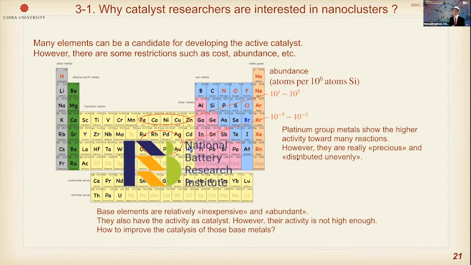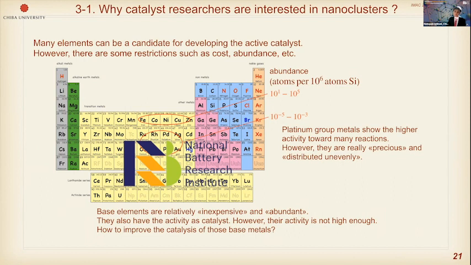There are some restrictions: you can see the effect of the environment, and of course cost and abundance, and so on. Many platinum group metals have a higher activity toward many reactions.